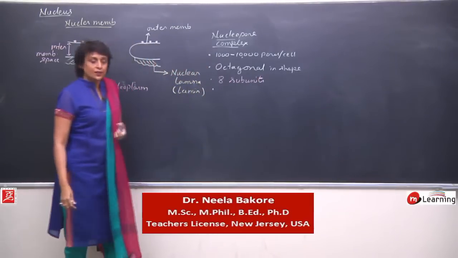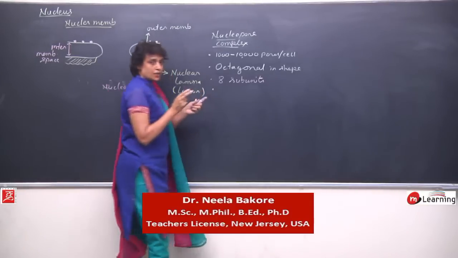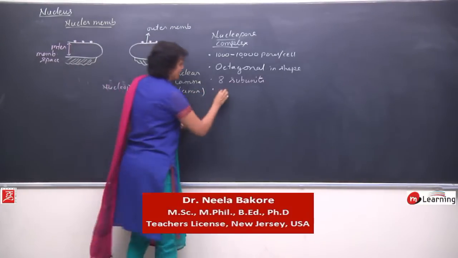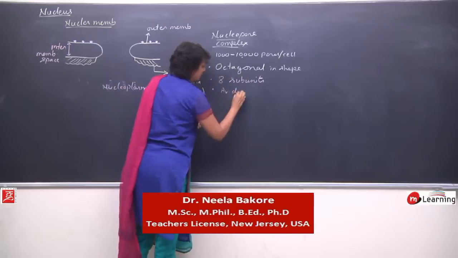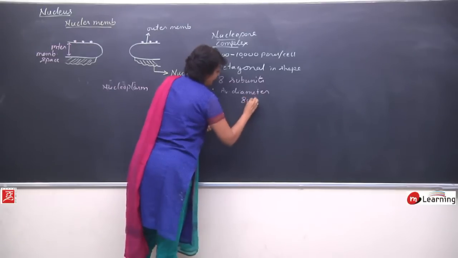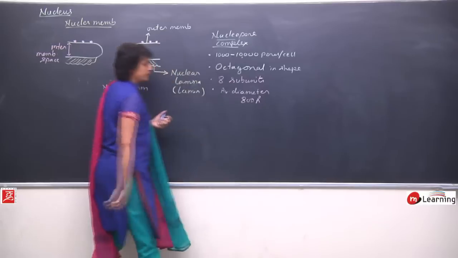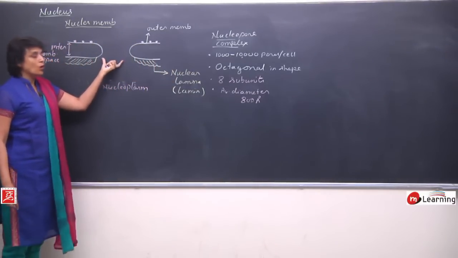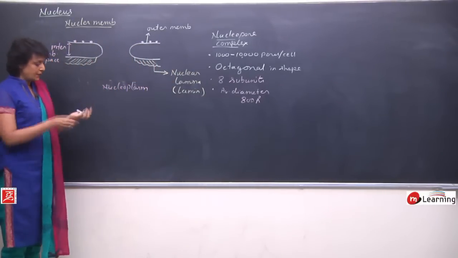And the diameter ranges from 300 to 1000 angstroms, but the average diameter is about 800 angstroms.